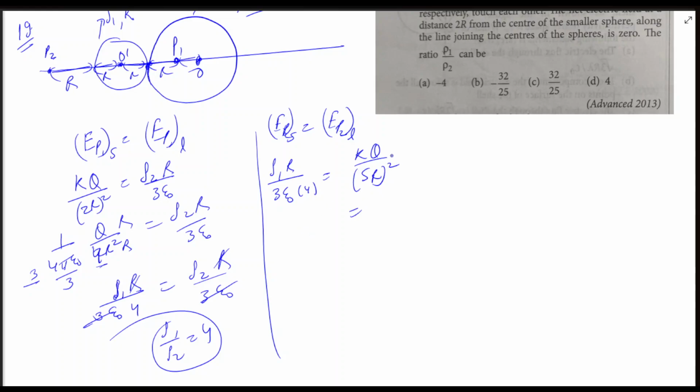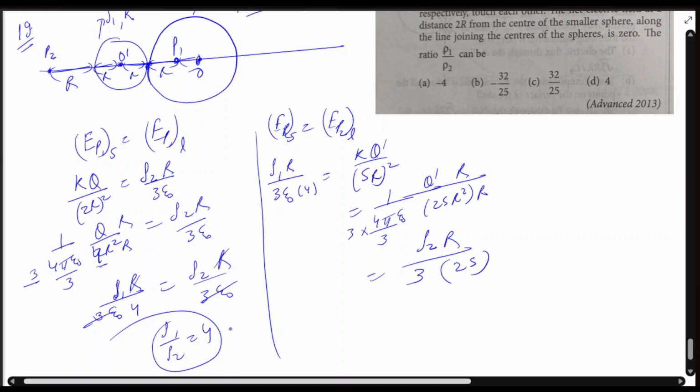Okay, so Q dash I should write. So it will be 1 upon 4 pi epsilon naught Q dash upon 25 R square. Similarly, R multiplied with this, and we can divide by 3, multiply by 3. So it will be rho 2 R upon 25, and we have a 3 also, right?